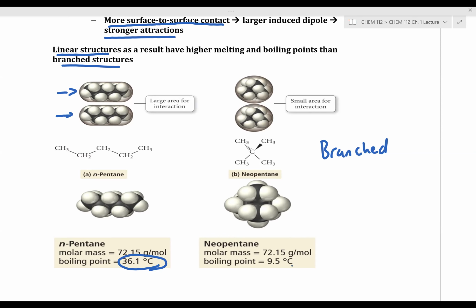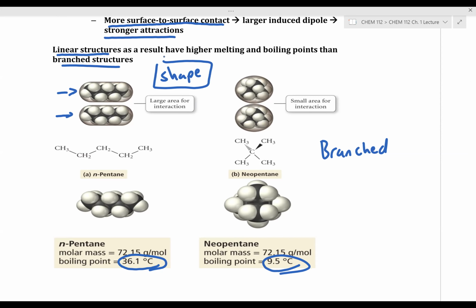And as we see, the boiling point for neopentane is almost 27 degrees less. So it's a substantial drop in boiling point driven by what factor? What do we call this? Molecular structure and shape. Shape. So I just want you to really focus on the idea that shape is the driving force behind this difference in boiling.